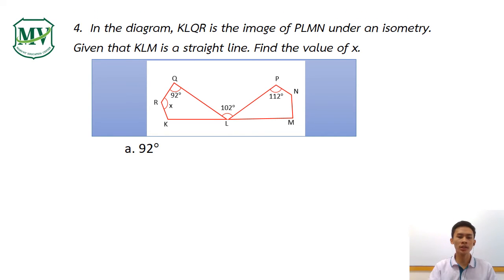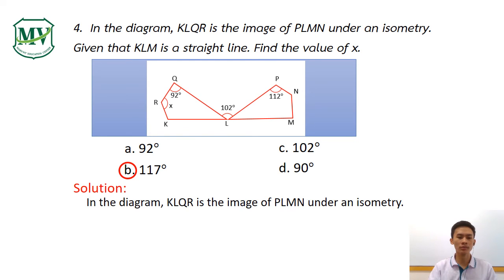The choices are letter A, 92 degrees, letter B, 117 degrees, letter C, 102 degrees, and letter D, 90 degrees. So the answer is letter B. 117 degrees is the value of X. So let's show the solution.